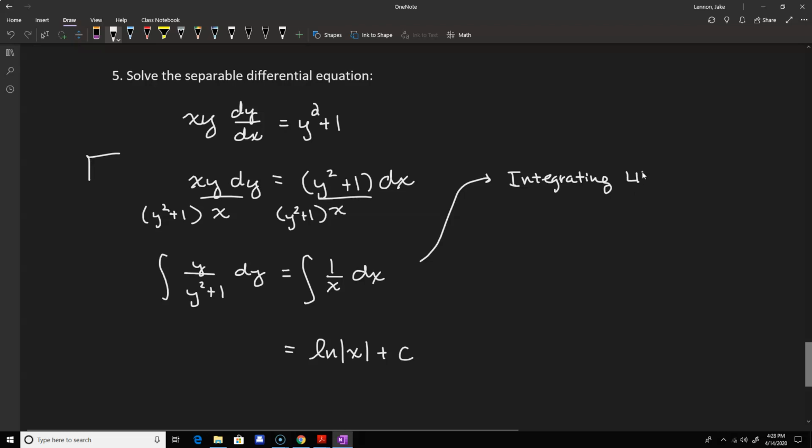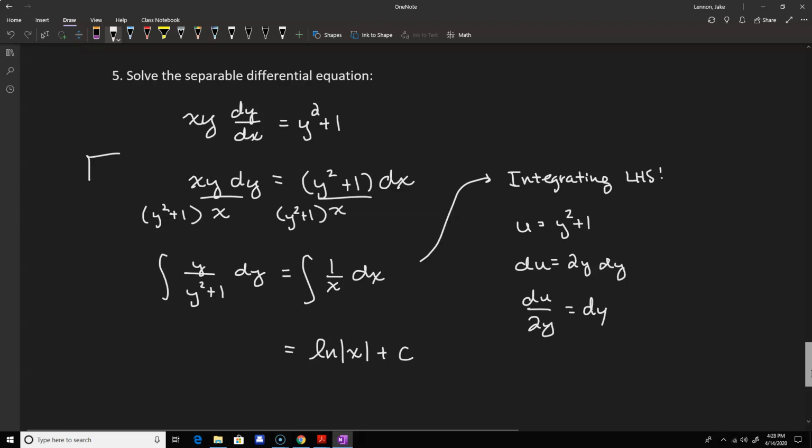the left-hand side. Well, we want to let u be equal to y squared plus 1, and then du becomes 2y dy. So du divided by 2y is the same as dy.